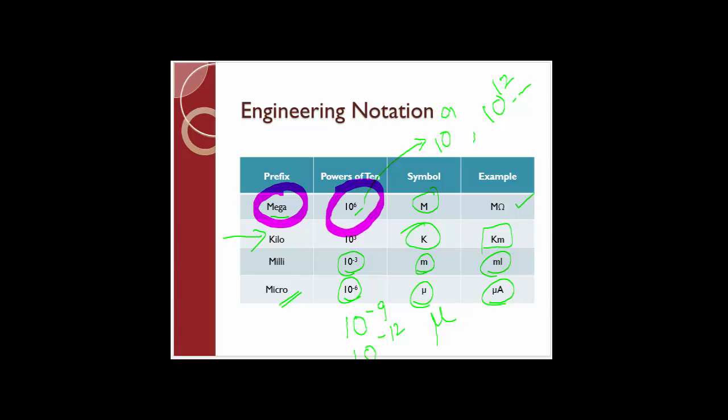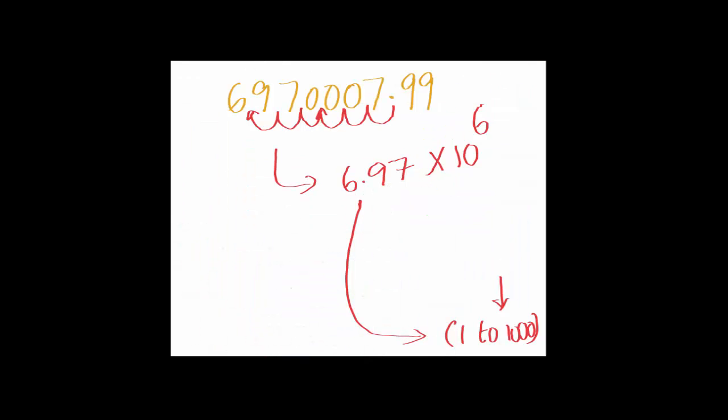All right. So this value is 6.97 meg. If, say for example, I'm measuring the resistance of a resistor, the units will be carried. So 6.97 mega ohms.